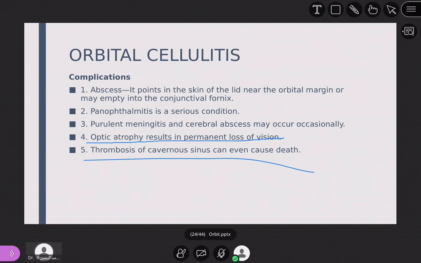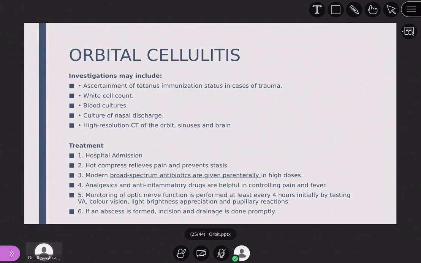So orbital cellulitis is very, very serious and is a top emergency in ophthalmology because you should treat it quickly. Investigations may include tetanus immunization, white cell count, blood culture, culture of nasal discharge, high resolution CT of the orbit, sinuses and brain.